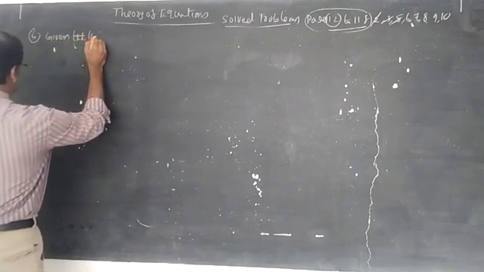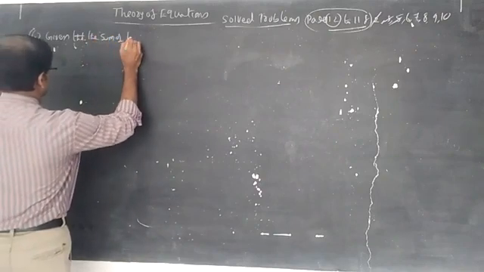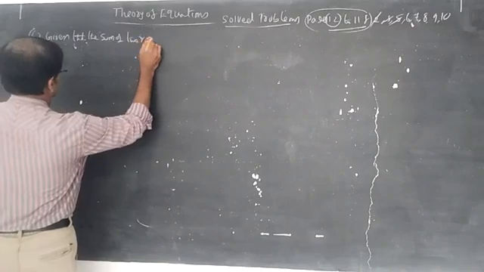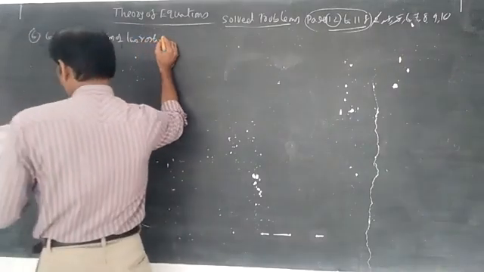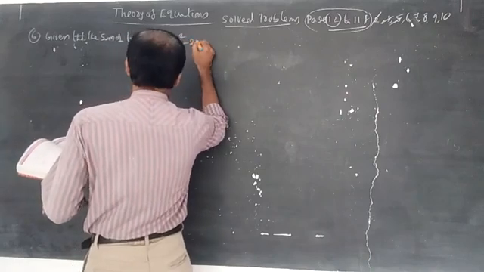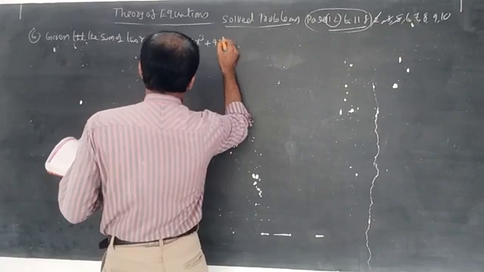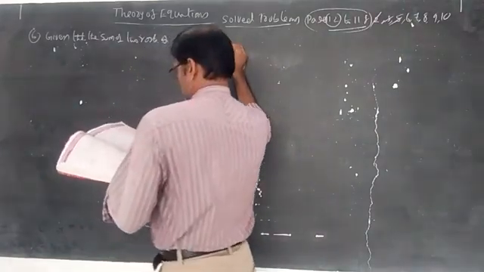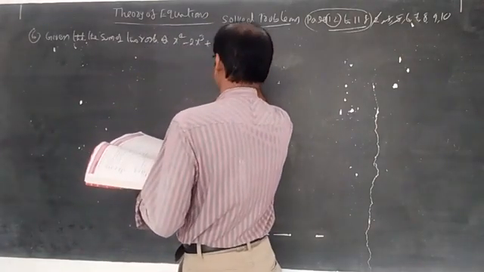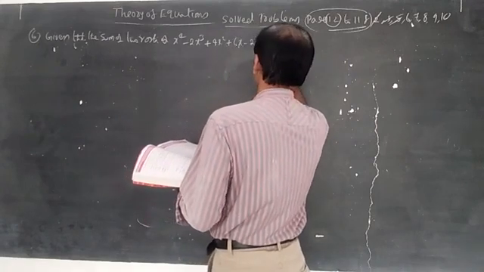given that the sum of two roots of x power 4 minus 2x cube plus 4x square plus 6x minus 21 is equal to 0 is 0.